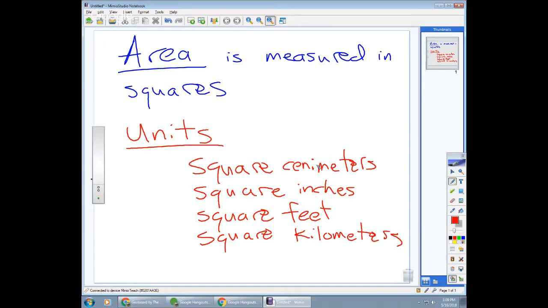And I'm just going to pick on the square centimeters for a moment. Literally, it is 1 centimeter by 1 centimeter square. Our best artistic rendering of a square today.